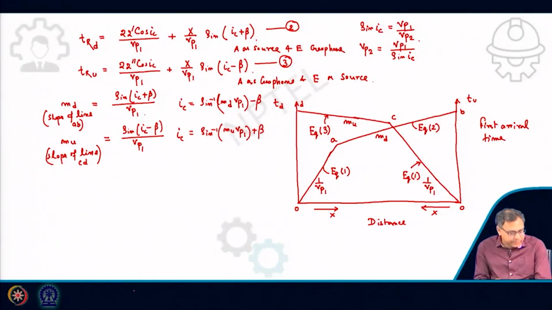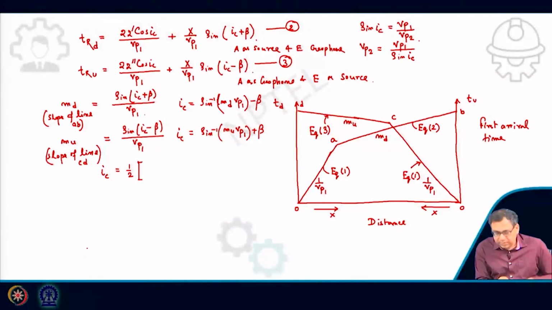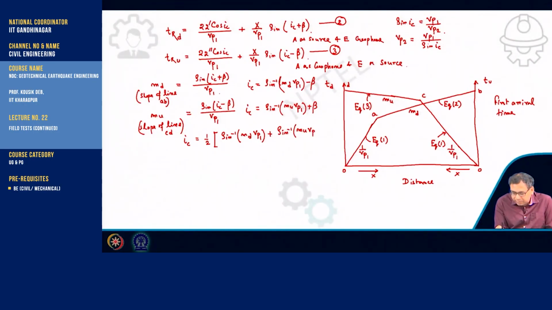Now, if I add them, then beta will cancel. So, I will get IC is equal to half of sin inverse of MD Vp1 plus sin inverse of mu Vp1.